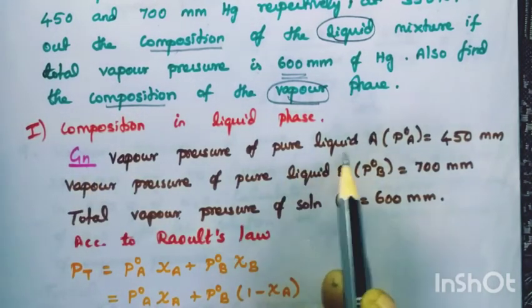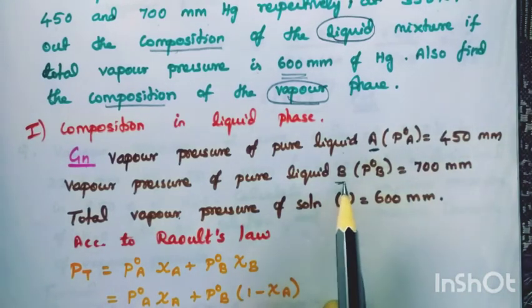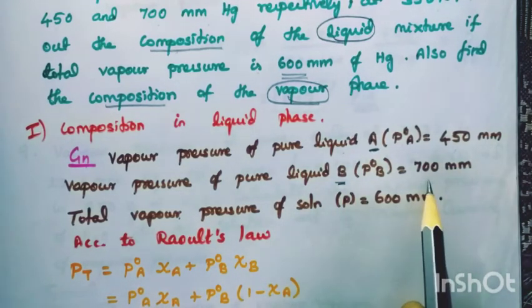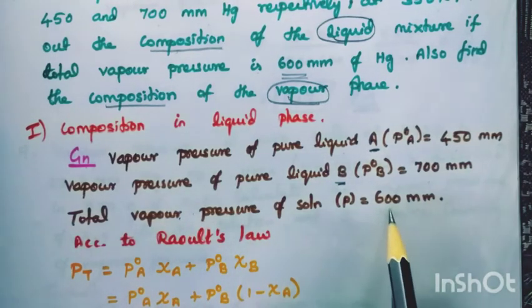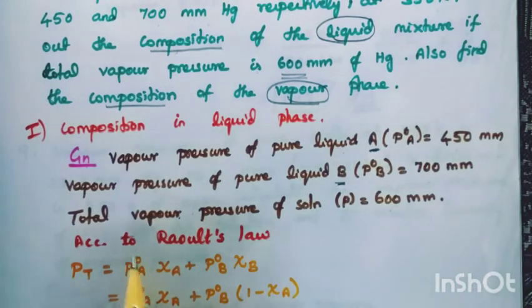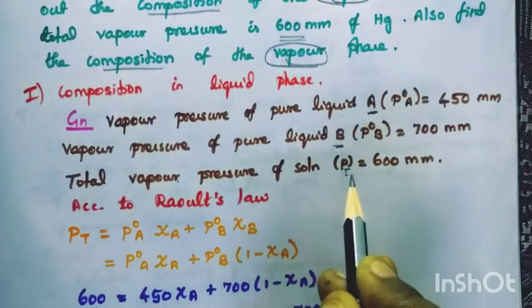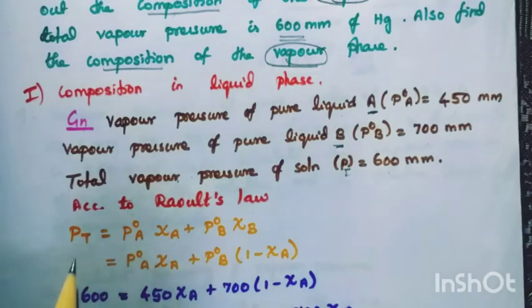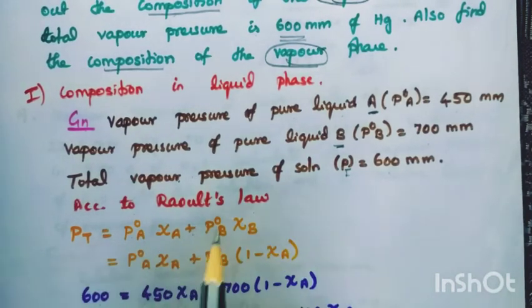Vapor pressure of pure liquid A is 450 and pure liquid B is 700. Total pressure is given, that is P = 600. Now we have to use Raoult's law: total pressure PT is equal to P naught A XA plus P naught B XB.